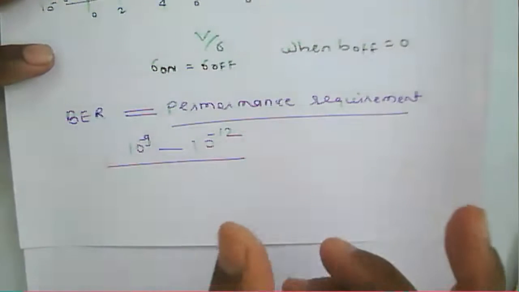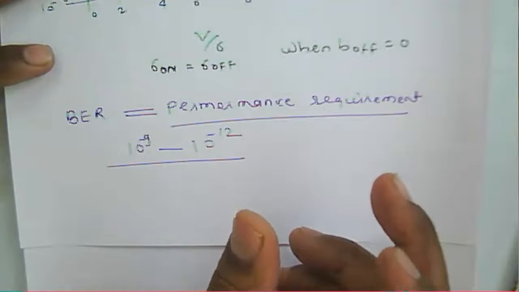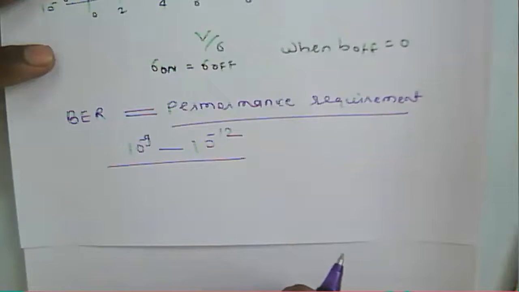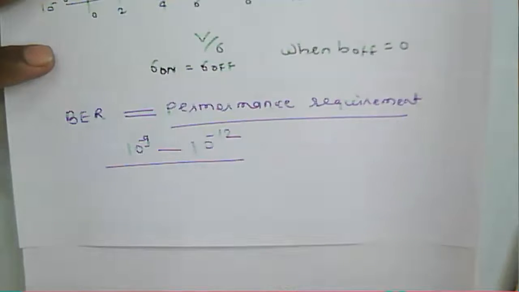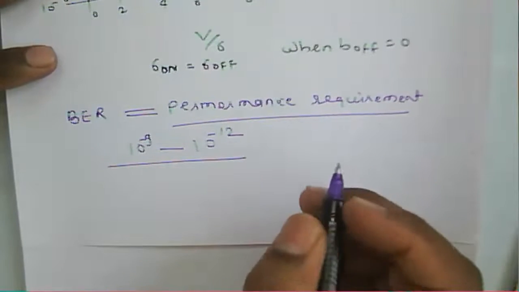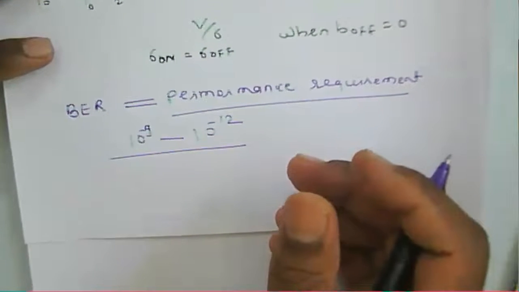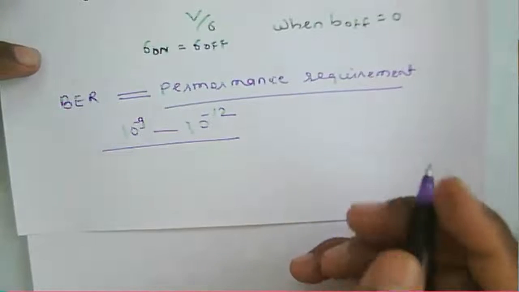So the value of that particular minimum power level that will be received by this receiver or detected by the detector will be called the receiver sensitivity.